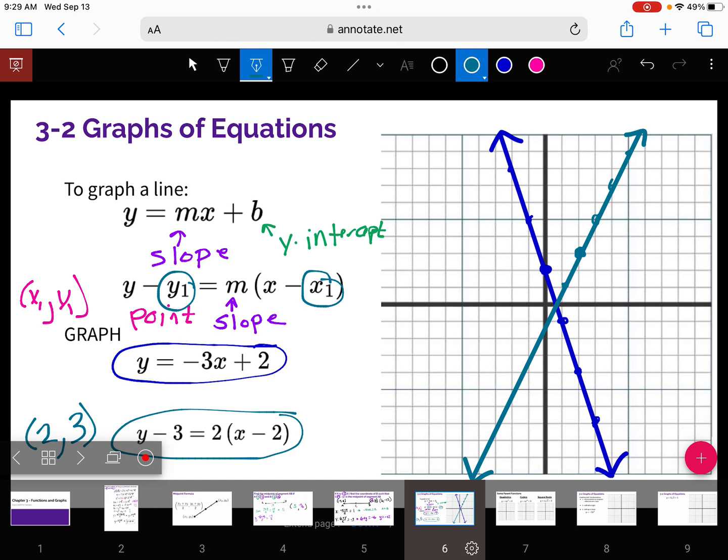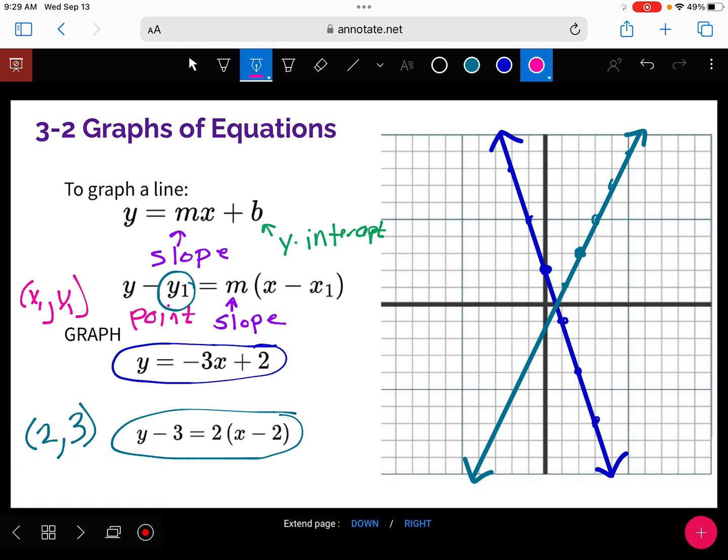And that's a positive 2 because, again, our formula has x minus the x1 point. I just did them on the same graph to save myself from clearing the whole screen. Yes? Because our formula has x minus up here. Okay?